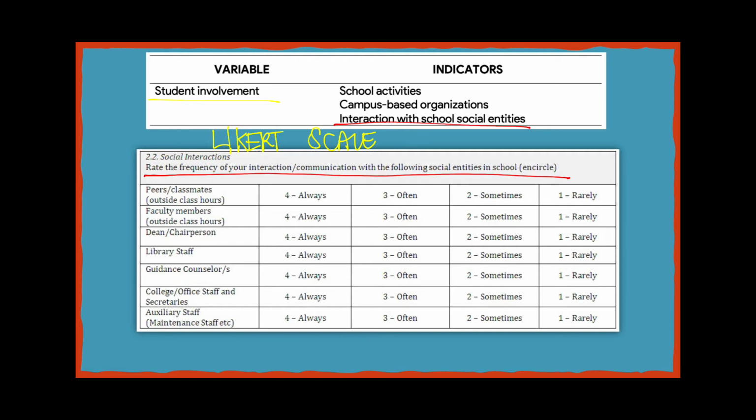For example, maybe there's some missing here. Like for example, in the last 30 days, rate the frequency of your interaction or communication with the following social entities in school, and then they will encircle their answers. So there should be a very clear and laymanized instruction in the questionnaire or the instrument or the survey that you are going to give to the students or to the participants.